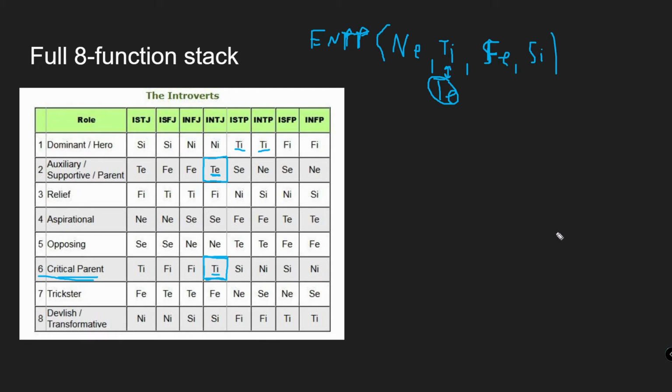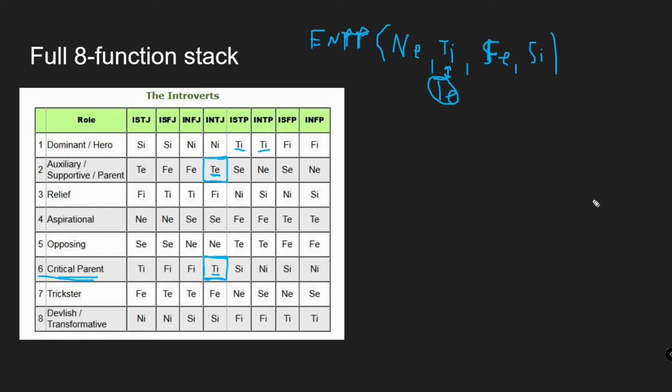Now, how will you realize whether it's your critical parent function or your auxiliary function? How do you know? As an INTJ, it's just really easy. Again, take the example with the data. Do you care about the data itself, or do you care about your understanding of it? What do you value more? The data or your understanding of it?